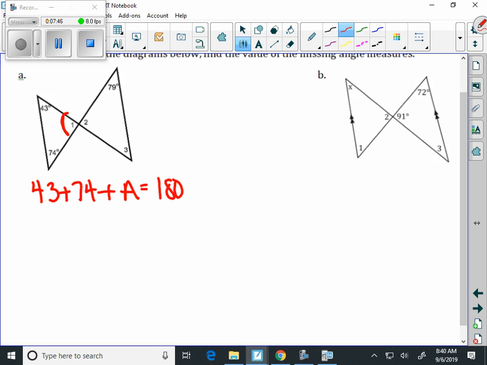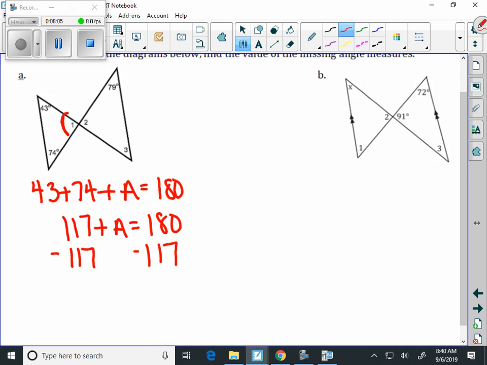I don't want to put 1 in there, that'll be confusing. If we add these two together, then we get 117 plus A equals 180.